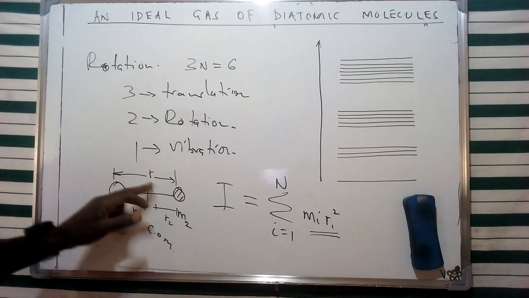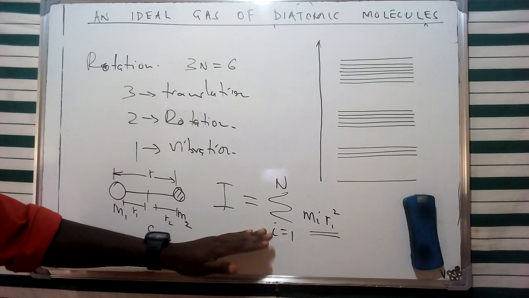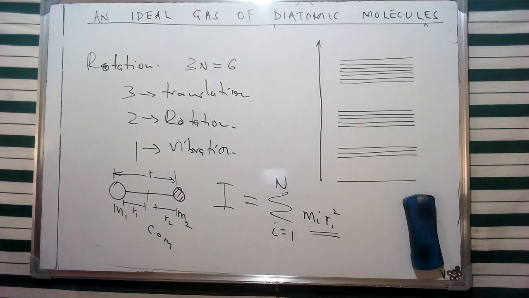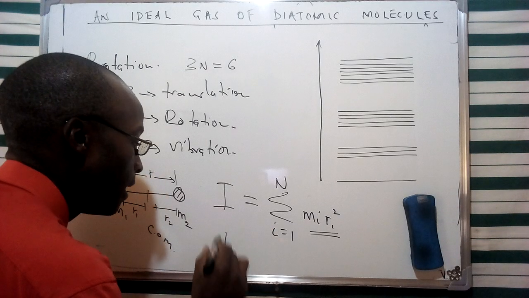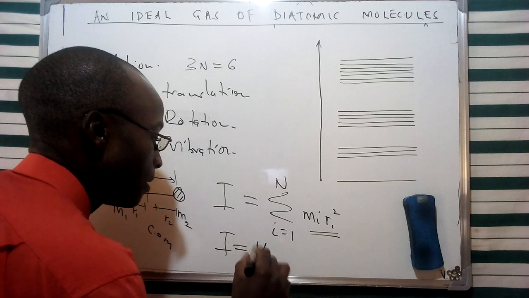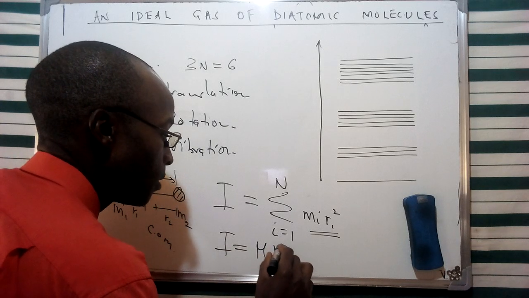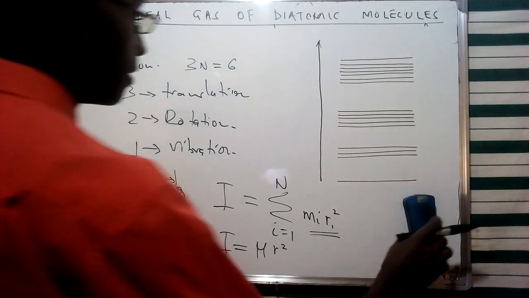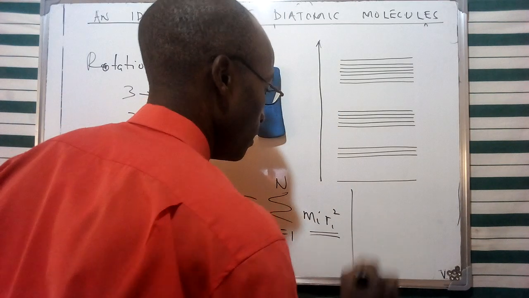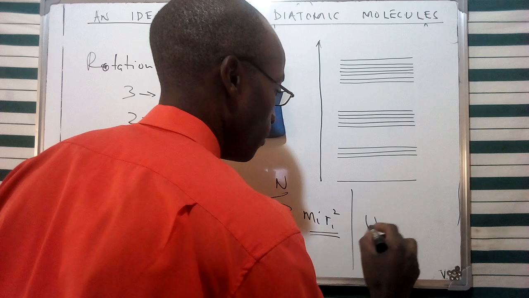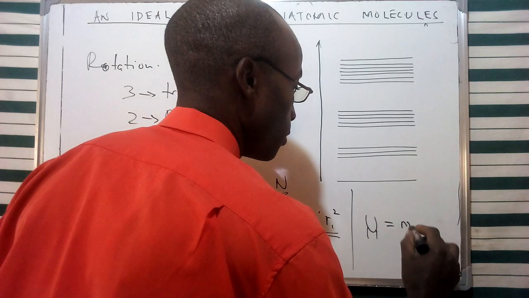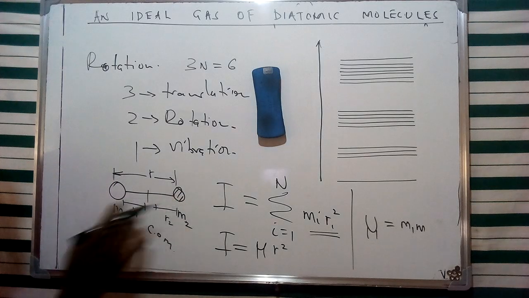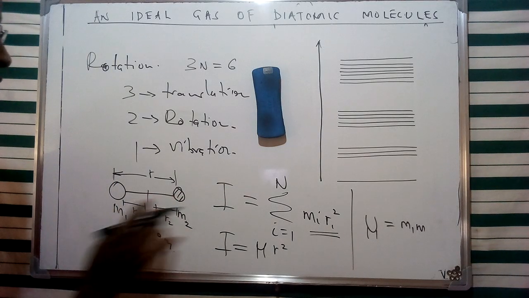And I had given another illustration of this formula, considering the concept of reduced mass, whereby this can be given in terms of the reduced mass and the square of that bond length. Now, I said that we can represent this reduced mass in terms of the product of the two masses for the two respective atoms of this heteronuclear diatomic molecule.